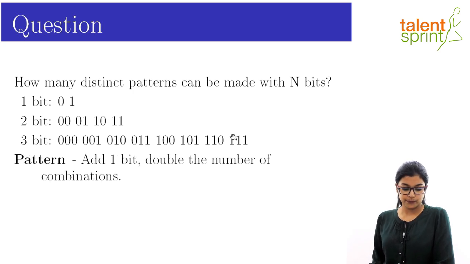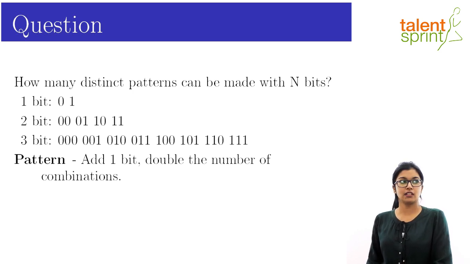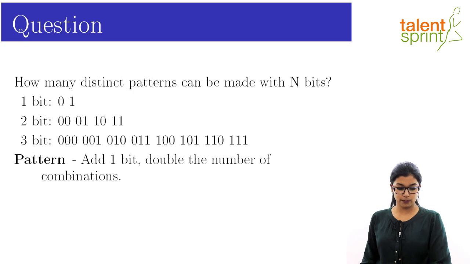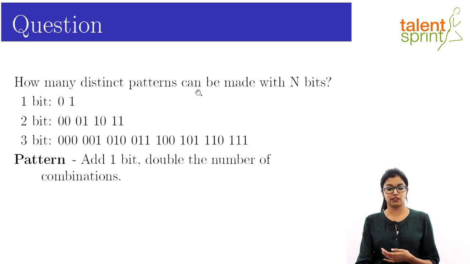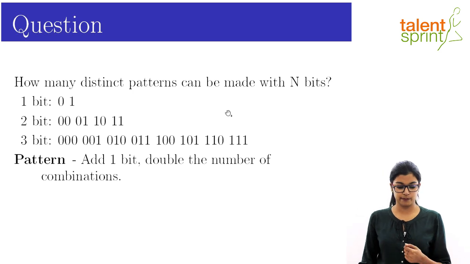As you can see, we have observed a pattern here. We add 1 bit and we double the number of combinations. So in 1 bit there were 2 combinations, in 2 bits there are 4 combinations, and in 3 bits there are 8 combinations. So every time a bit increases, the number of combinations gets doubled.